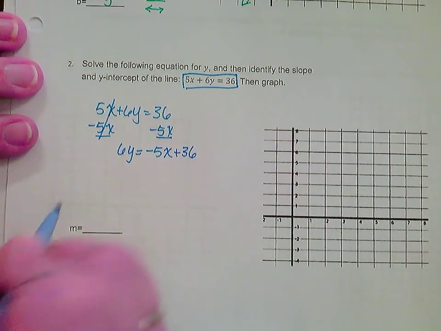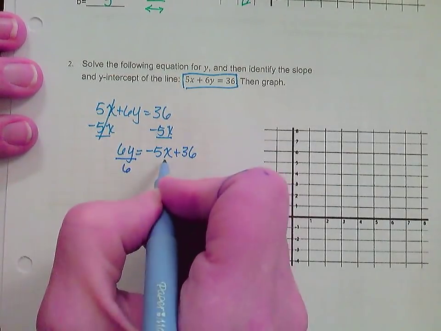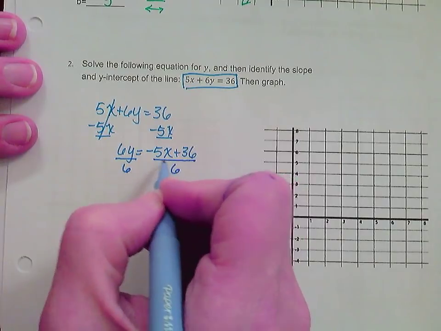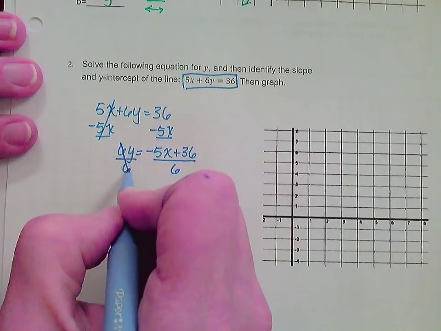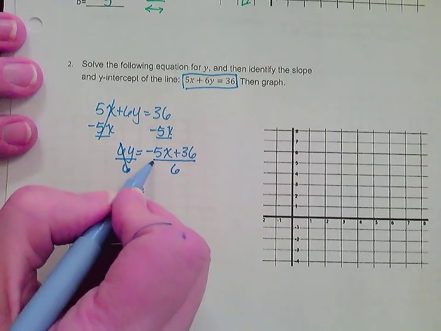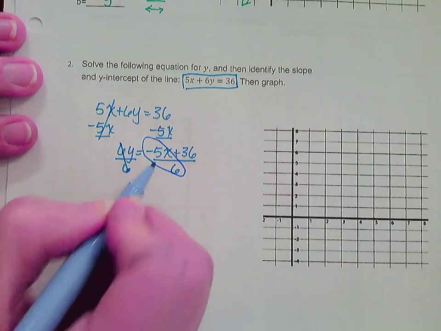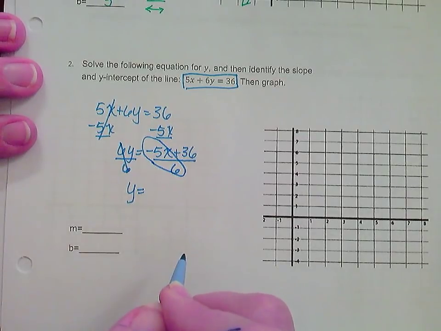Still don't have y by itself, so I'm going to get rid of this multiplied by 6 by dividing by 6. Again, remembering I'm dividing the entire side by 6. On the left-hand side, the 6's cancel out, and I get y. On the right-hand side, the negative 5 divided by 6. Well, if you put that into your calculator, you get a decimal.